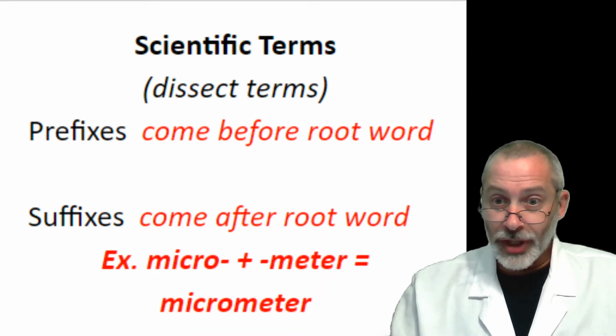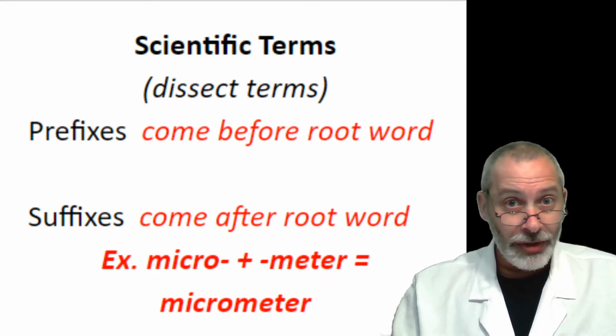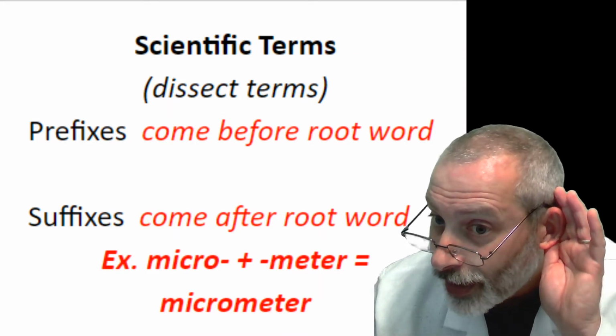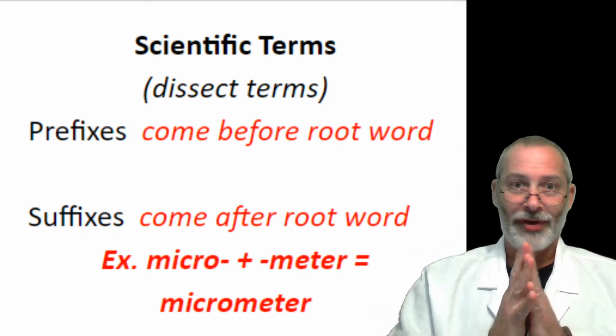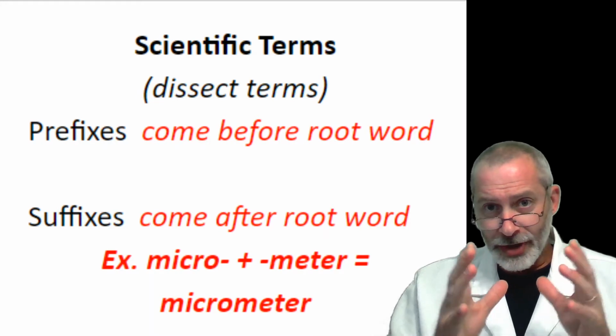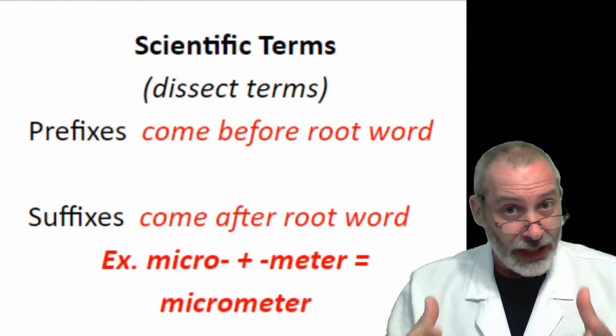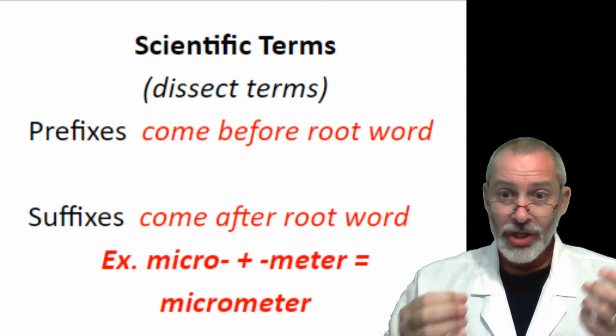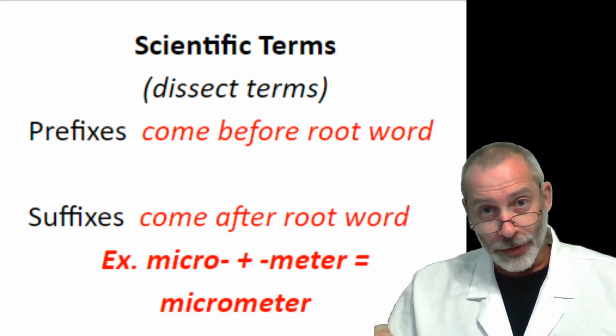All right, did you get the meaning of meter? What is it? Measurement. Very good. So if you put micro and meter together, literally you get the word small measurement.